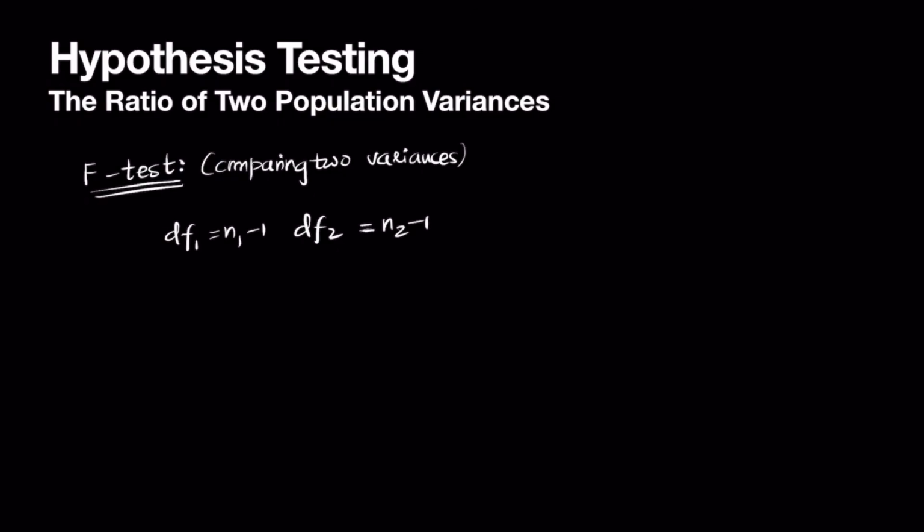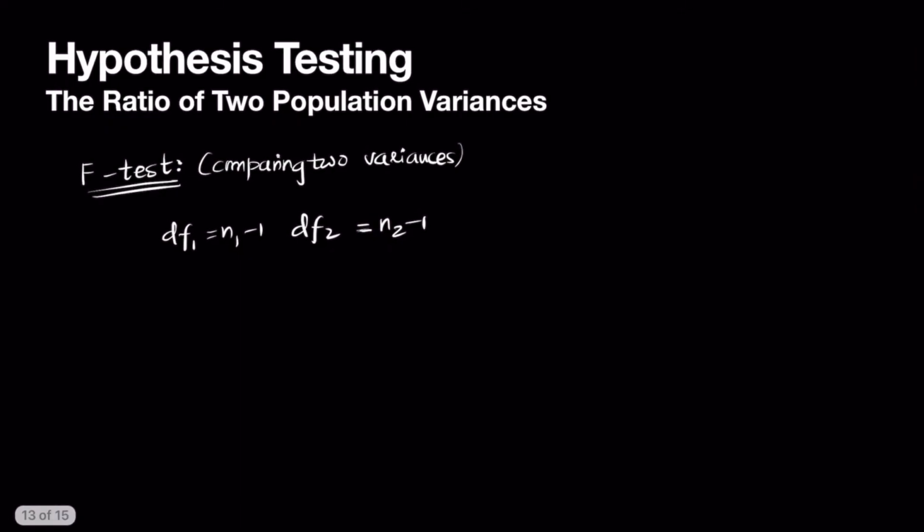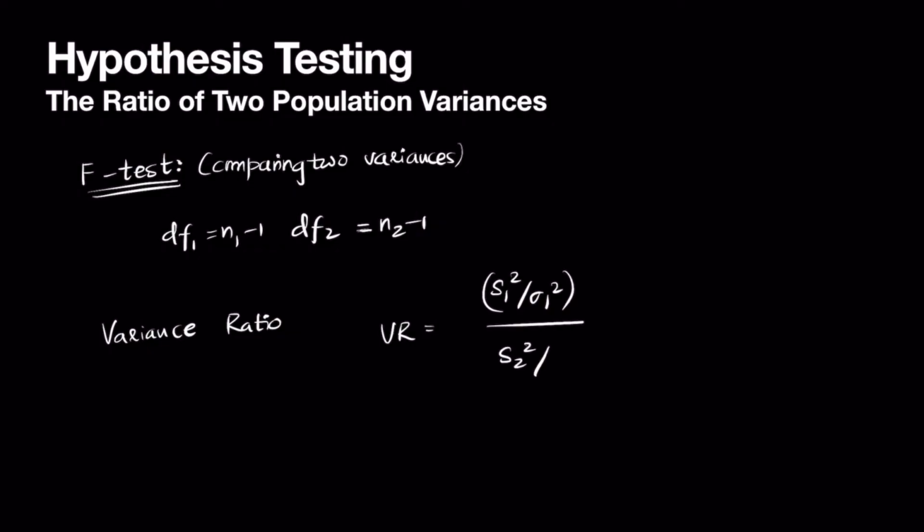We are trying to find out through the F-test whether these two are different. For this, we also use a term called the variance ratio, which is generally written as S1 square by sigma 1 square over S2 square by sigma 2 square.